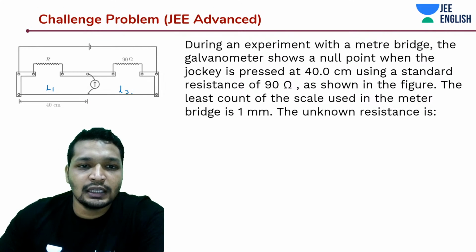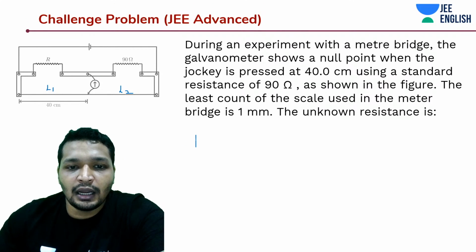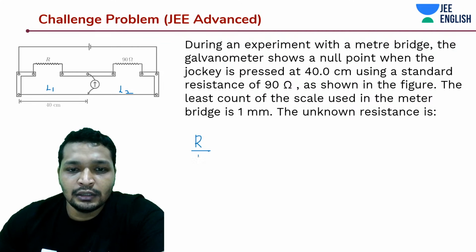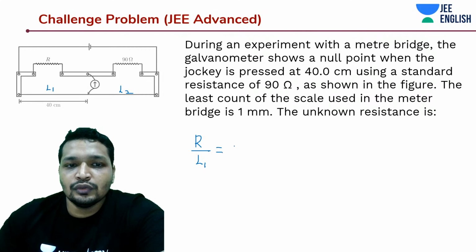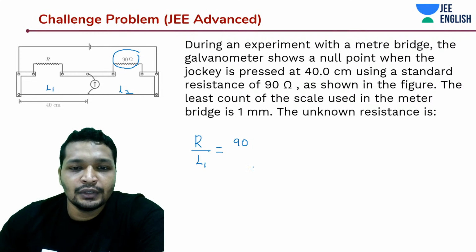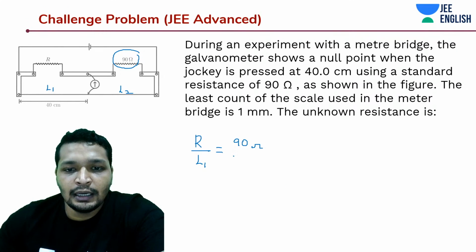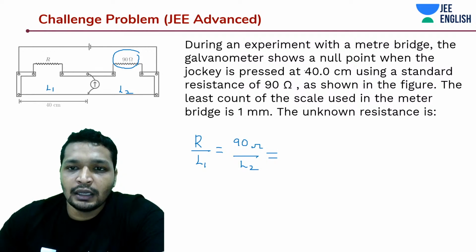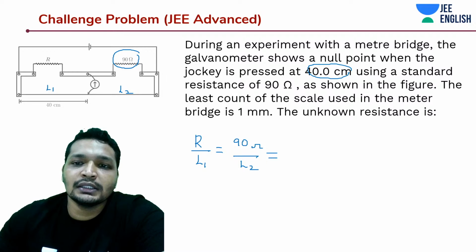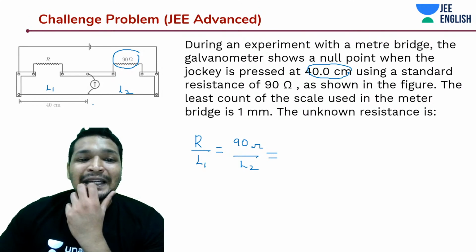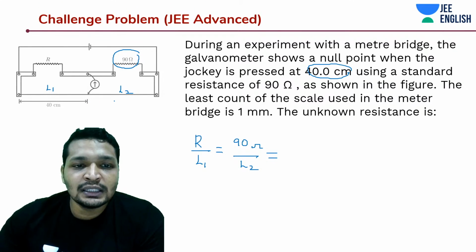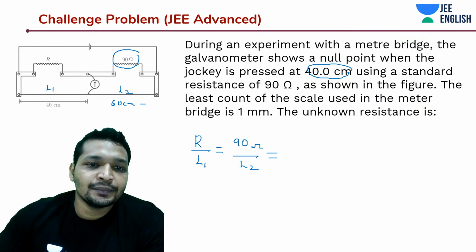R by 90 ohms, which is what is given over here, is equal to L1 by L2. Notice it carefully. And how much is this? Like 40 centimeters. And one more thing, guys: if this is 40 centimeters on the meter bridge, then this is going to be 60 centimeters.